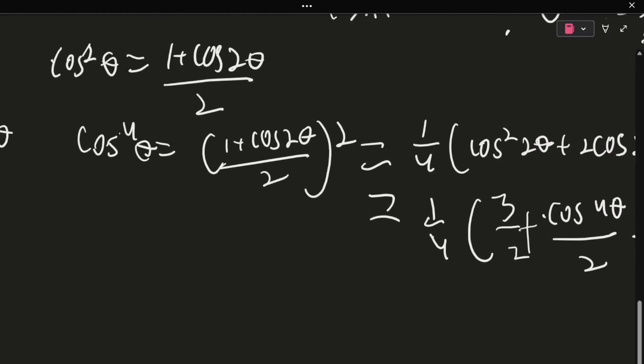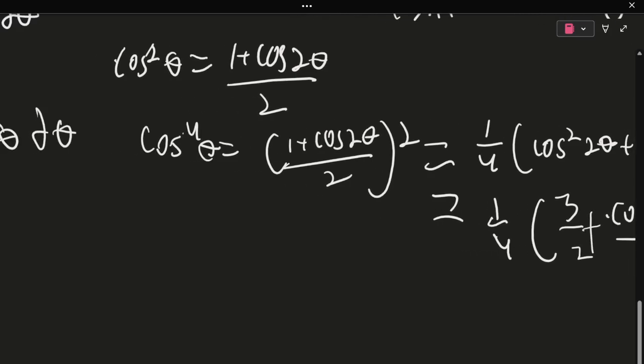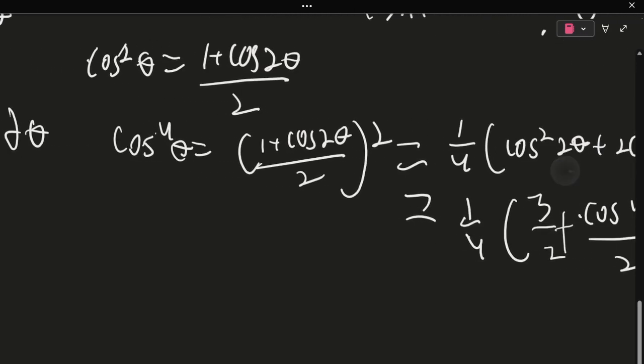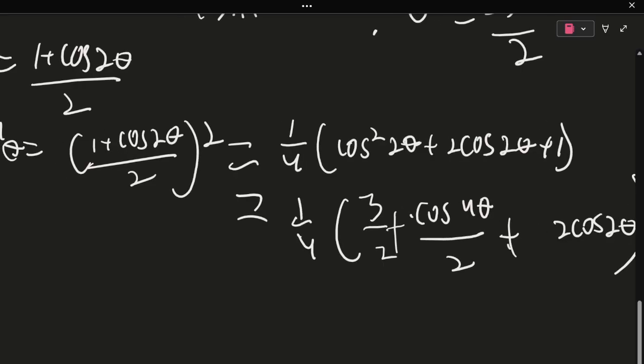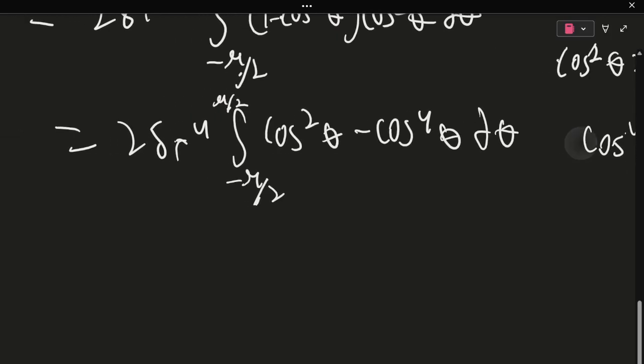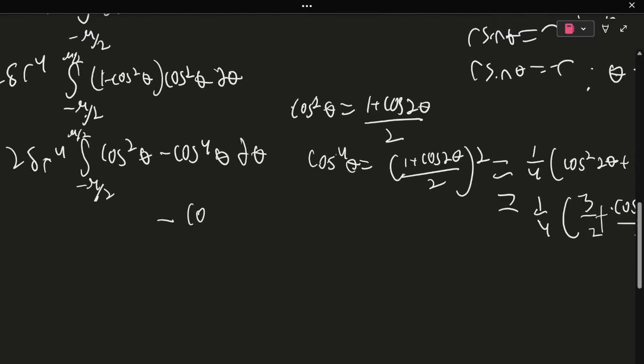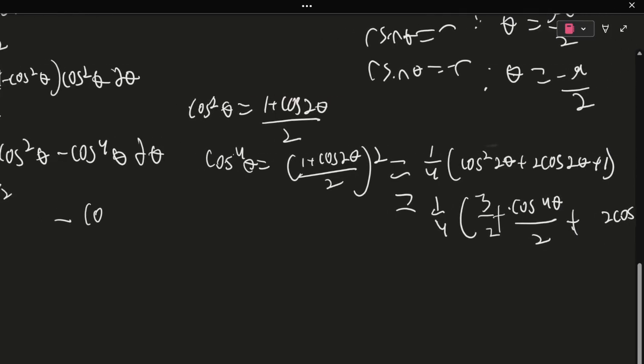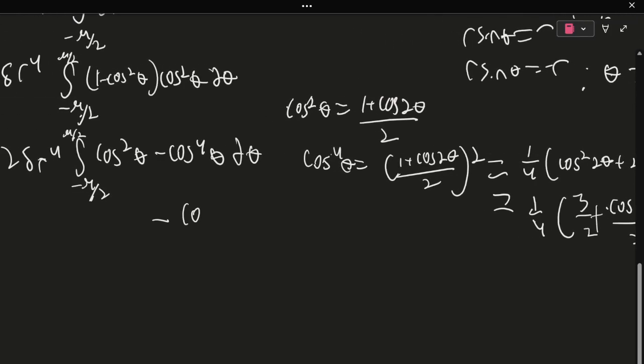Alrighty, so now we have our expression for cosine to the 4th of theta. It is equal to minus, we'll go ahead and apply our fractions.